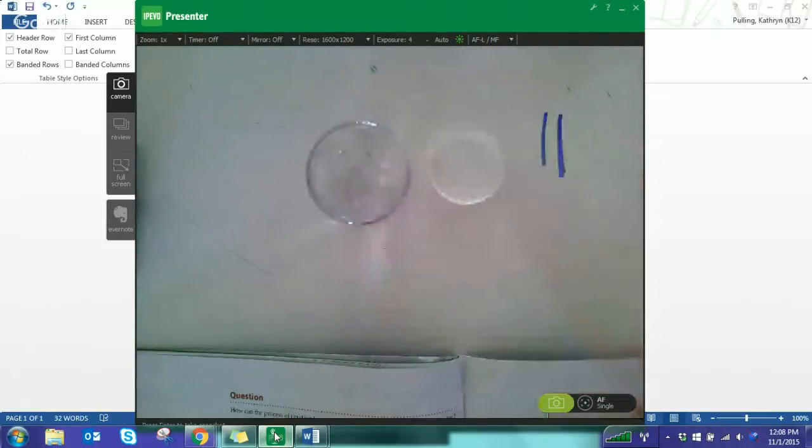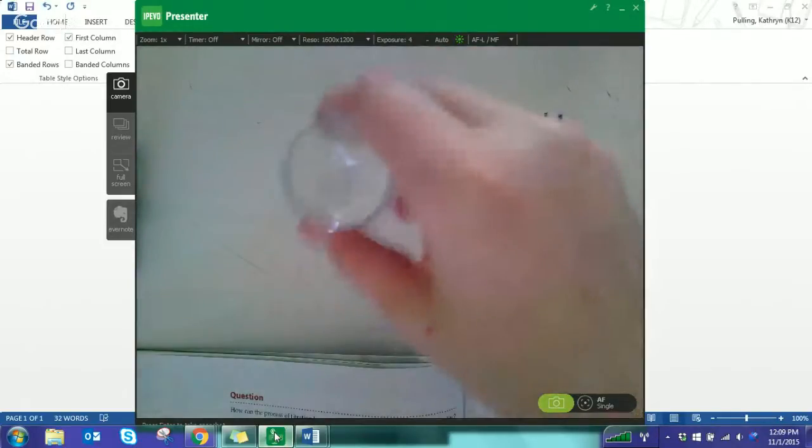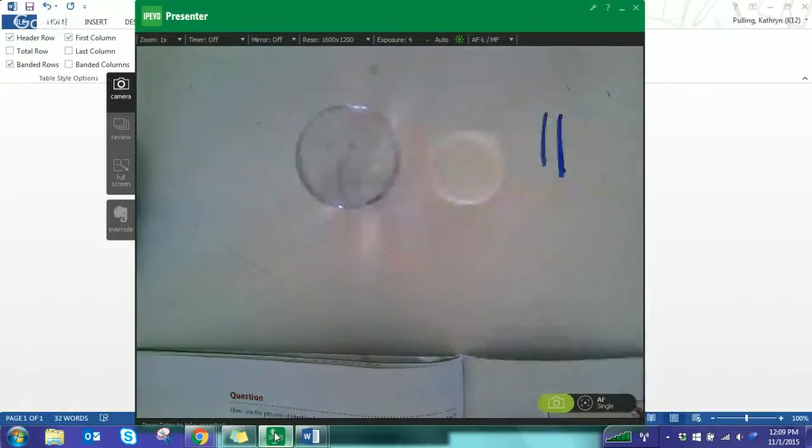It goes clear. Does it stay clear? All right, well, I guess 2 drops is enough to make it clear. Hopefully I didn't only need 1.